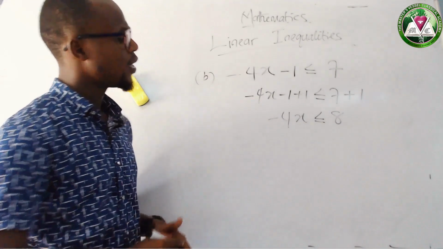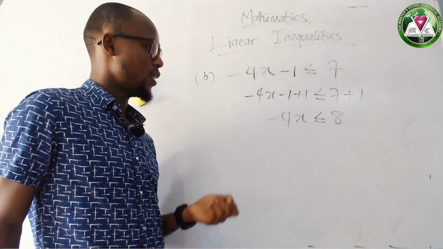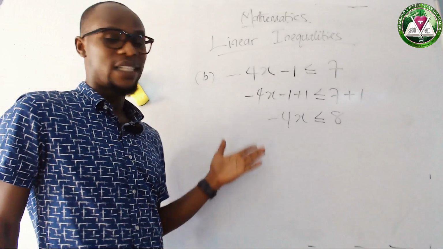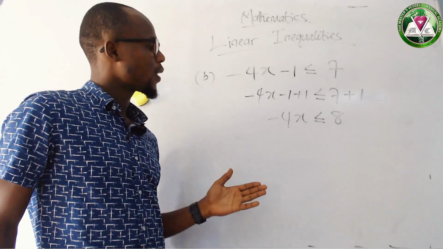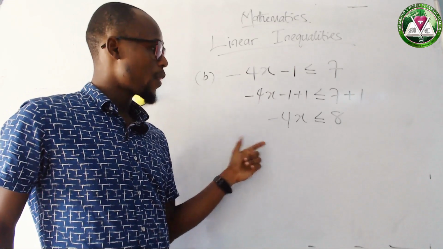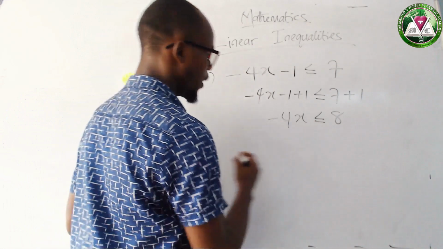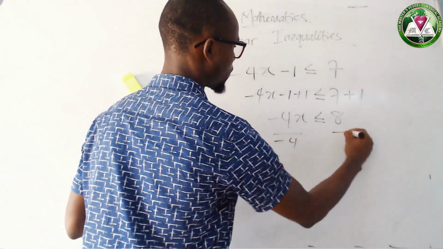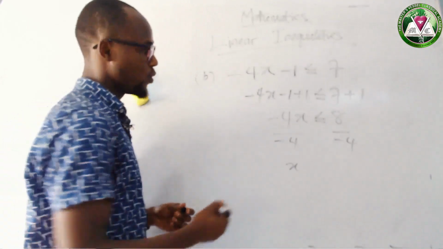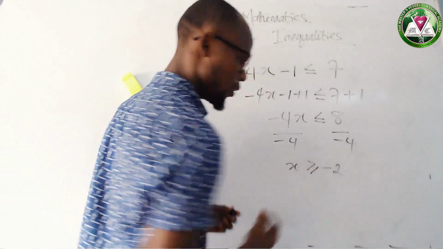At this point, to get the value of x, we have to divide both sides by the coefficient, which is minus 4. But we have a negative coefficient, and like I said previously, to divide by a negative number, the inequality sign must be reversed. So dividing both sides by -4, I have x, and the inequality sign, less than or equal to, now changes to greater than or equal to, and we have -2.